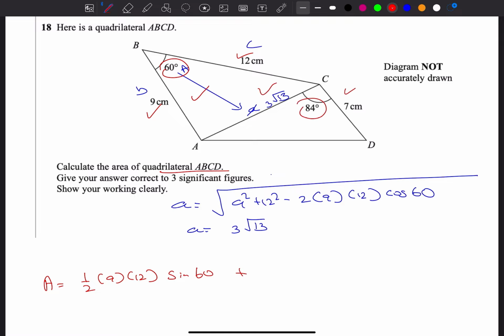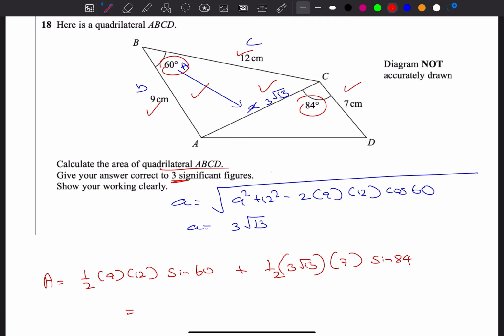This is the angle, these two are the sides: half times 3 root 13 times 7 times sin 84. That is 84.4 to three significant figures.